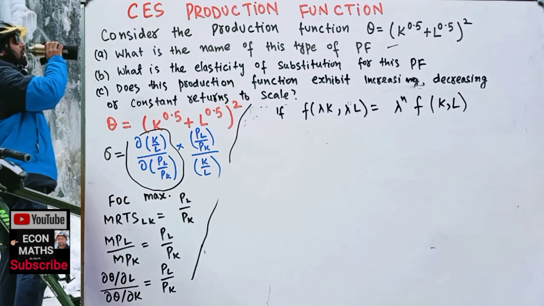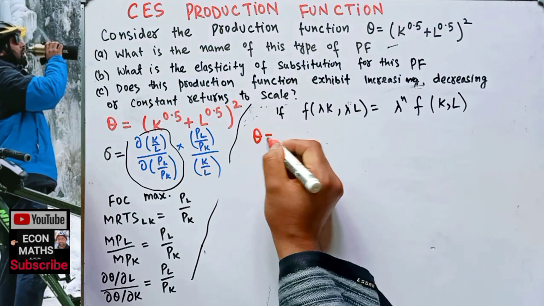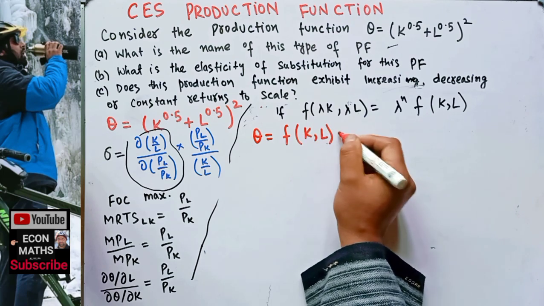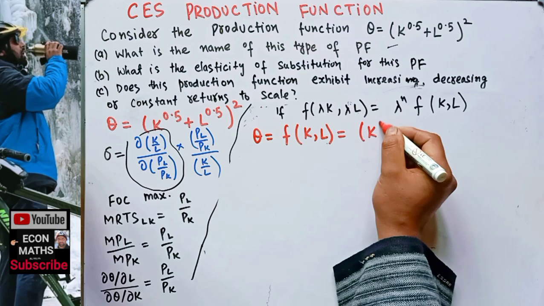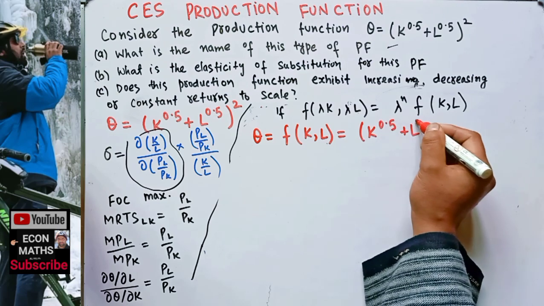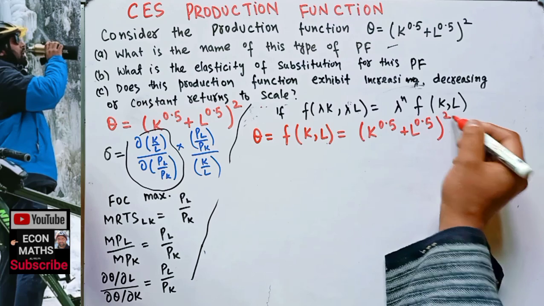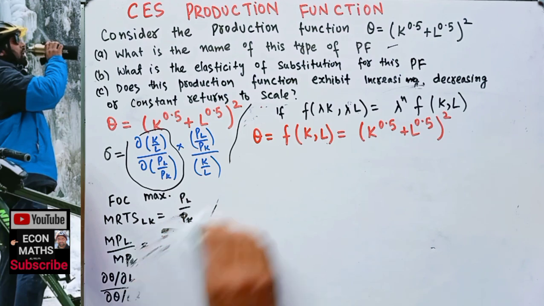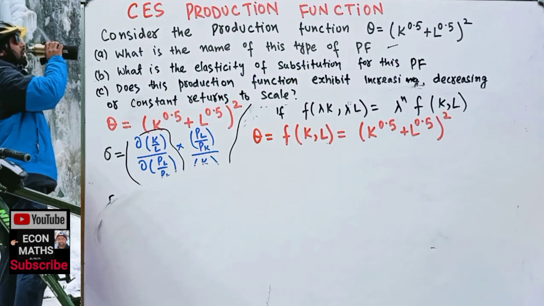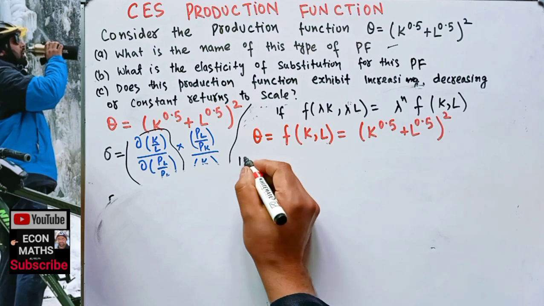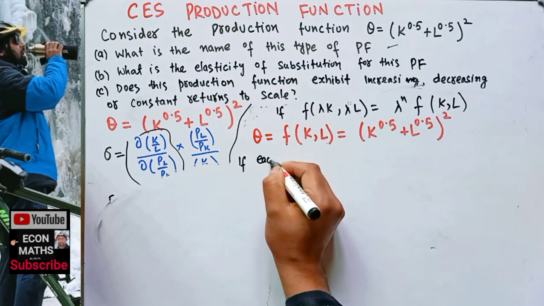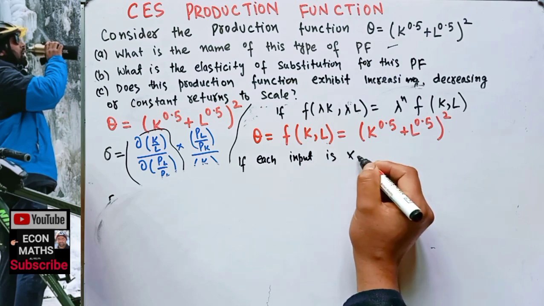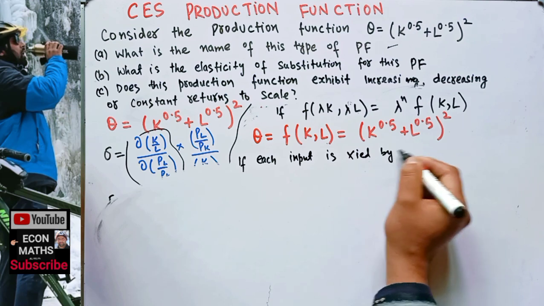So what is our production function? We have Q is a function of capital and labor, which is equal to k to the power 0.5 plus l to the power 0.5, whole squared. Now let us say each input is multiplied by a factor lambda.